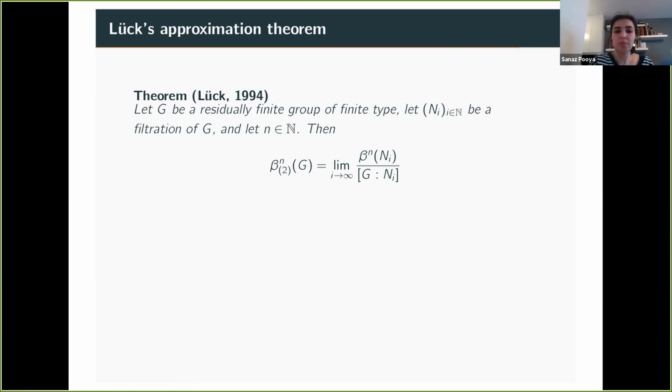So the theorem goes as follows. If we have a residually finite group G of finite type, and we have a filtration of G, then the nth L²-Betti number of group G is just the limit of the normalized Betti numbers of this filtration.